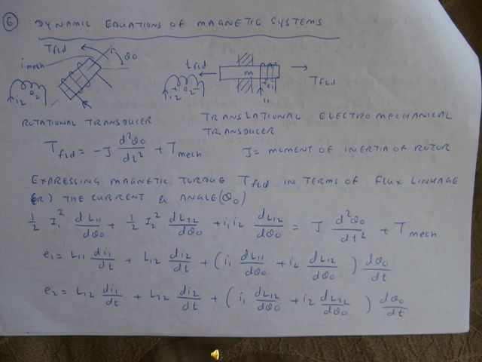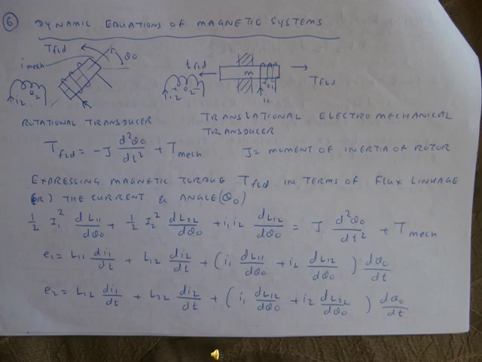So this is J d2 theta 0 by dt square plus T mechanical. In this case, the electrical voltage is supplied to the rotor and to the field. So this is a stator field and a rotor field. For the stator field and rotor field, electrical voltage can also be calculated.